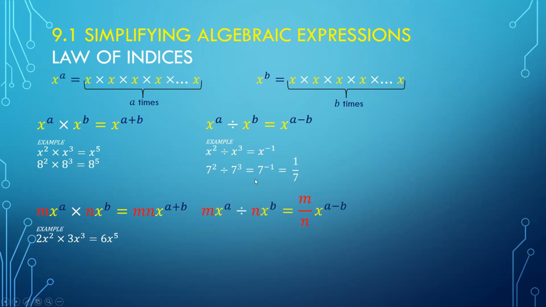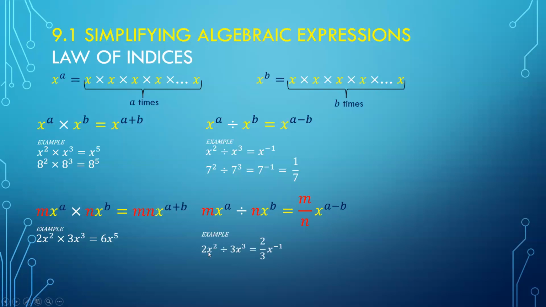Okay? So following from this same law, the extension to it: when we have numbers like m and n in front, basically m will need to be divided by n, just like that. You can write it as a fraction like that, or if you can simplify, you simplify it. Otherwise, just leave the answer as a fraction, and x power a divided by x power b will give x power a minus b.